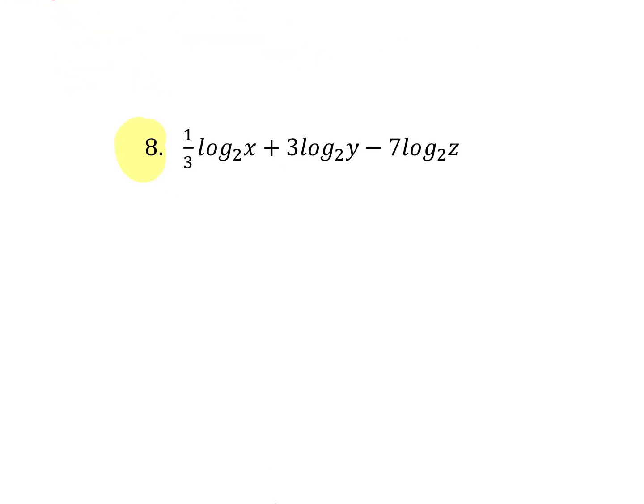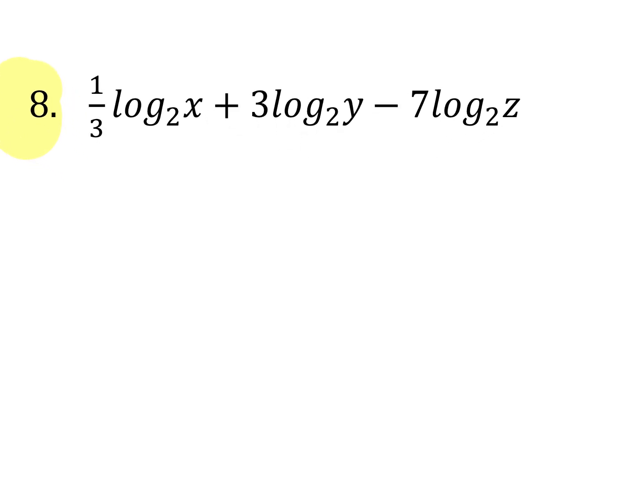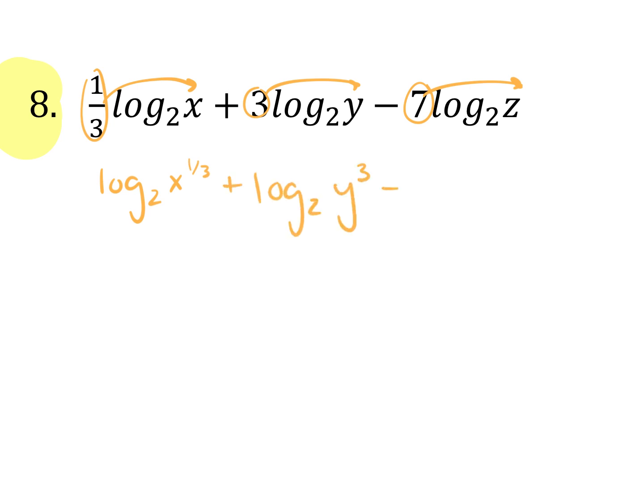Let's look at 8. We're going to be condensing it. What should we do first when we condense our log? We take our coefficients and make them exponents. So we've got log base 2 of x to the 1/3 power plus log base 2 of y to the 3rd power minus log base 2 of z.